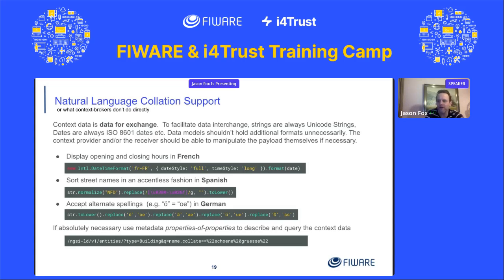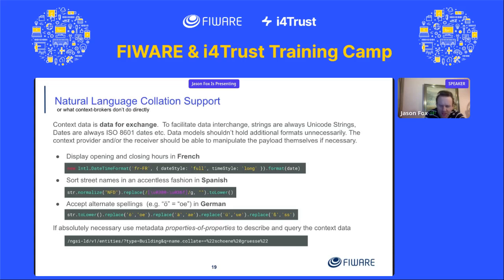A context broker is not a panacea. Don't expect context brokers to do more than context broker things. So it is difficult to say, get dates out in French, because there's never going to be an attribute for observedAt in French. It needs to be manipulated on your side.